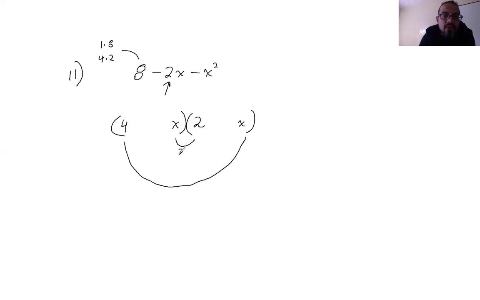When this term multiplies out, that'll be 2x. When this term multiplies out, that'll be 4x. So how am I going to make negative 2x? This would have to be negative, and this would have to be positive. Therefore, I'm going to put a negative here to get that negative 4x, and a positive here, and there it is.